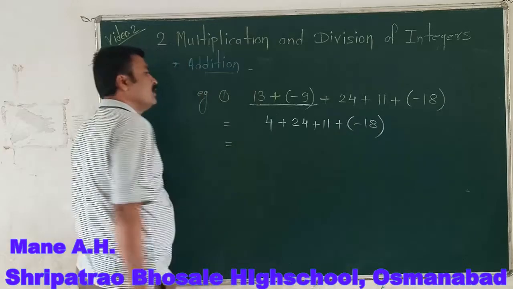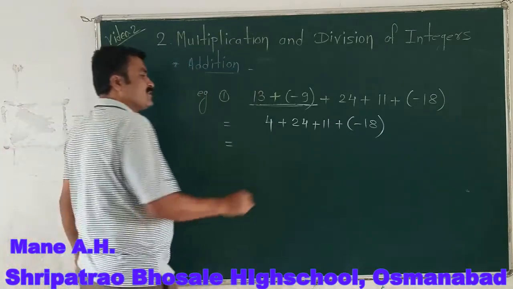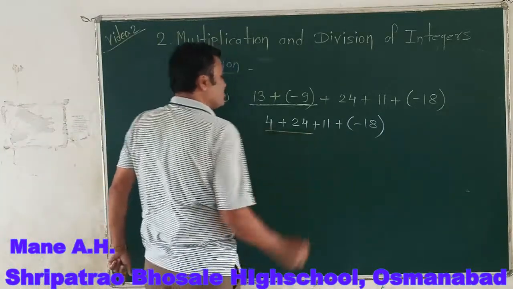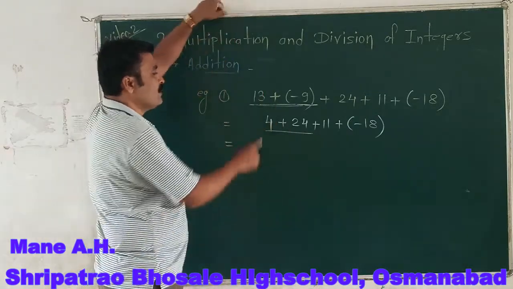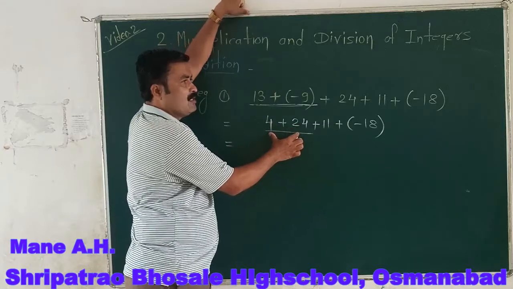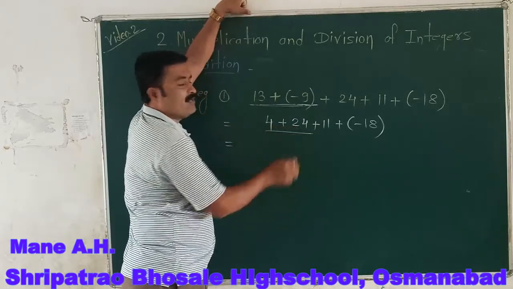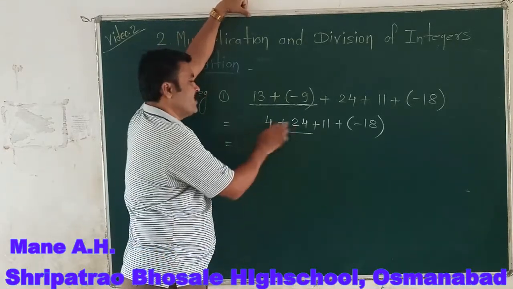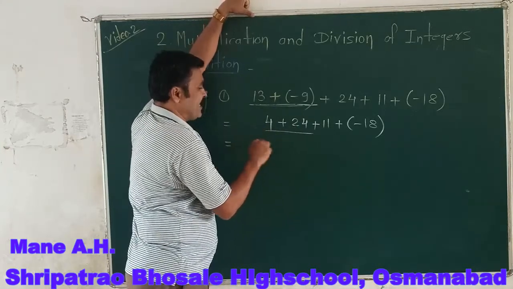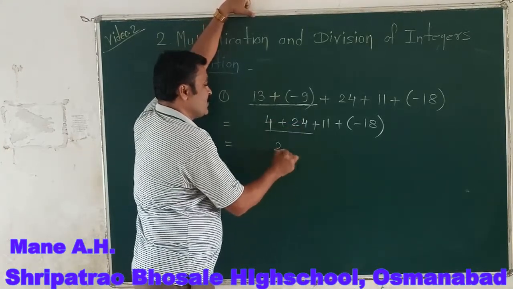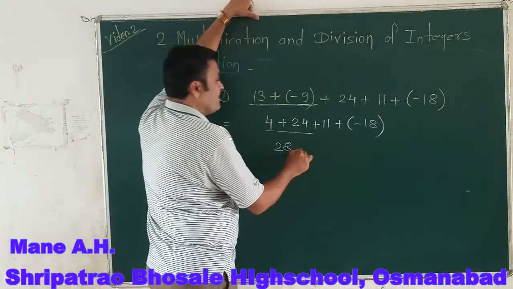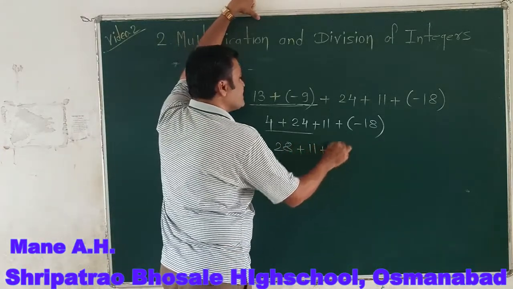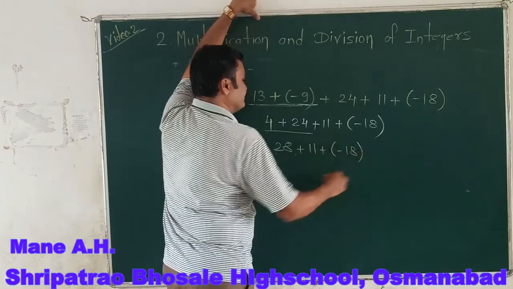Now next addition. आता स्टेप बाय स्टेप आपण चाललो म्हणून मी एका वेळेस 2च इंटीजर घेणार आहे. So 4 + 24. Now we want to take this addition. So 4 is positive, 24 is also positive. So addition of these positive integers is positive. So 4 + 24, that comes regular addition 28 plus 11 plus into bracket -18.